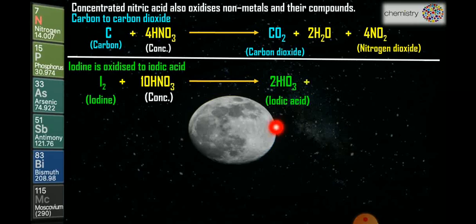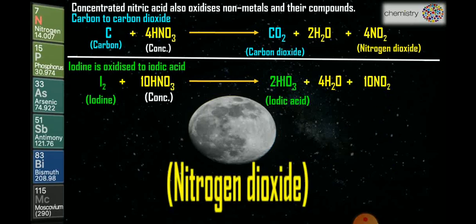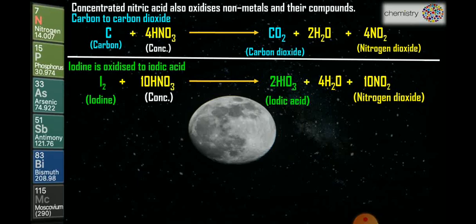Here iodine in the presence of concentrated nitric acid undergoes oxidation to form iodic acid along with the formation of byproduct 4H2O, and the same oxide of nitrogen is formed here, NO2, 10NO2, nitrogen dioxide. So I2 plus 10HNO3 gives 2HIO3 plus 4H2O plus 10NO2. Iodine undergoes oxidation into iodic acid. Concentrated nitric acid undergoes reduction into nitrogen dioxide.